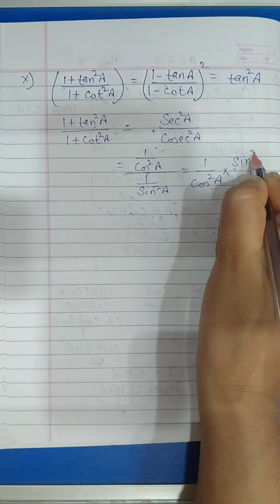In the same manner, when we take the second bracket, 1 minus tan A upon 1 minus cot A whole square. Now here it's a cot. Cot can be written as 1 upon tan.